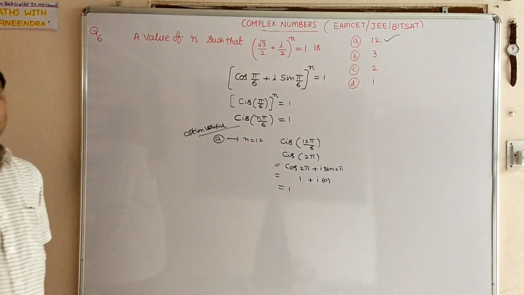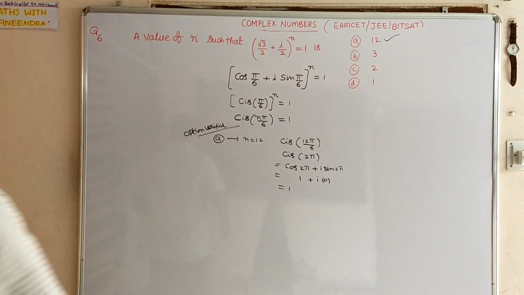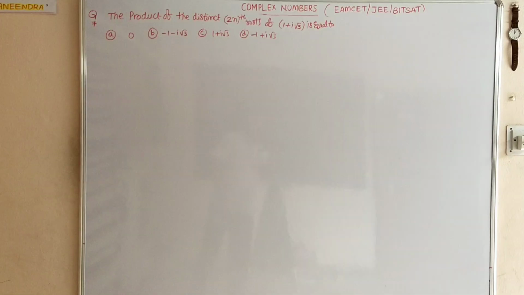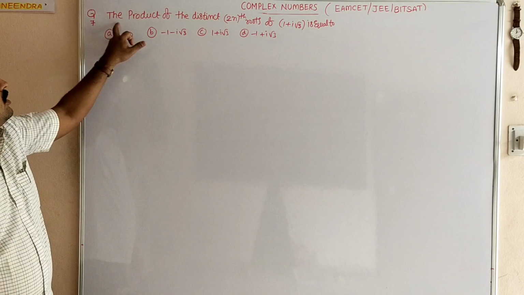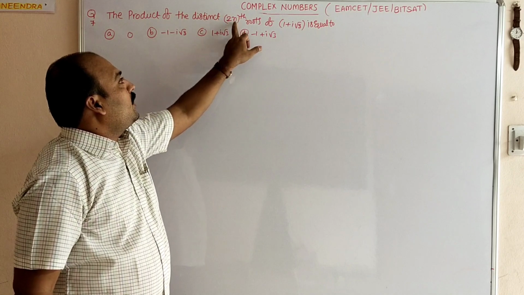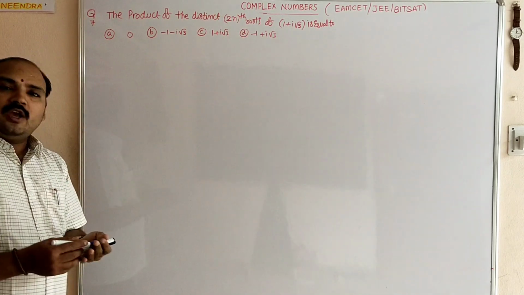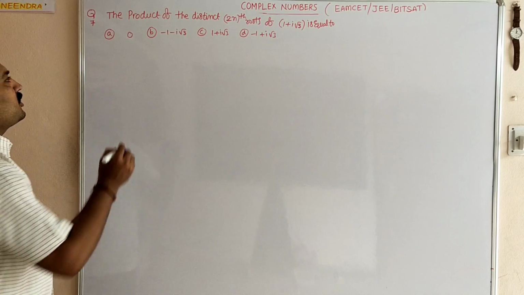We will move to the next question now. The next question. The product of the distinct 2nth roots of the complex number 1 plus i root 3 is equal to. Here you have to remember one important formula.